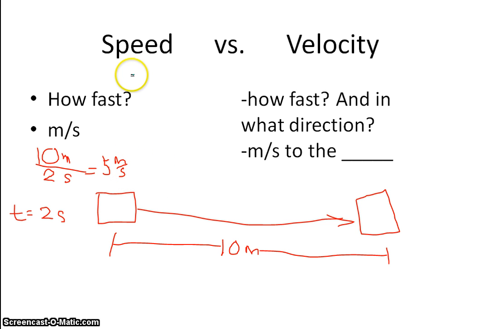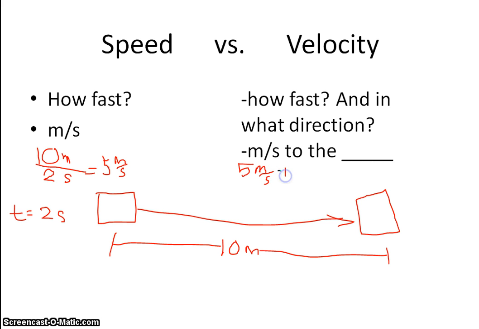And again, that is a speed, which is a scalar quantity because it's only giving a magnitude, it's not giving a direction. So if we were to come over here and figure out the velocity of us pushing our box, it would again be that 10 meters per 2 seconds, which we figured out was 5 meters per second. So you can write that again over here, 5 meters per second.